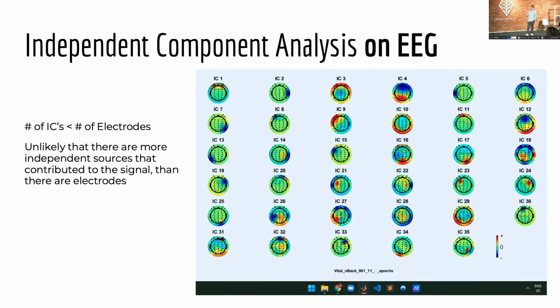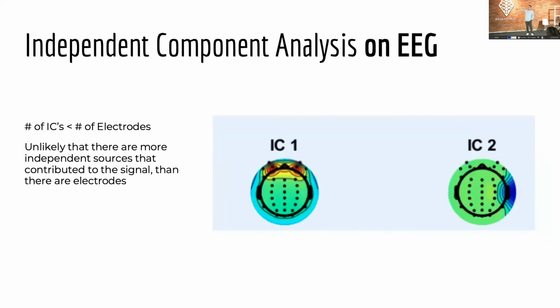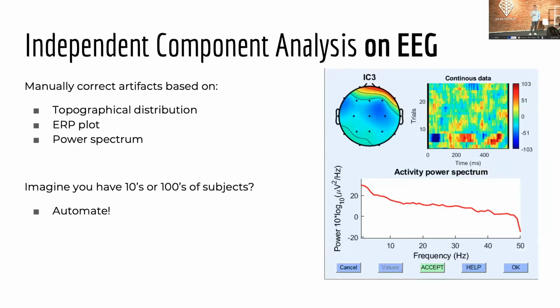You go through these topographical representations, and maybe you could also look at the activity power spectrum and the ERP plot that you see over here. If you are a neuroscientist or you have worked with a lot of EEG data, you might immediately know which independent components are artifactual.